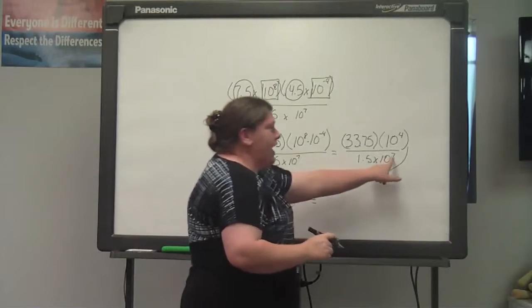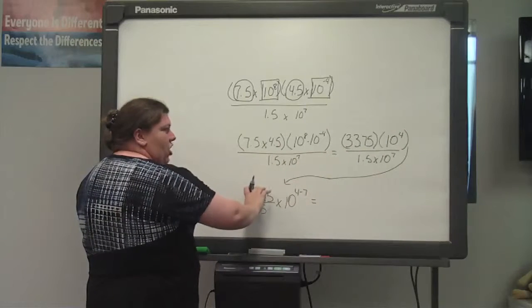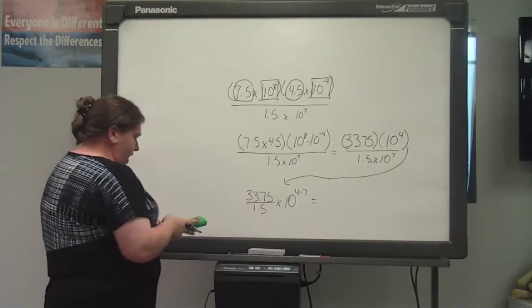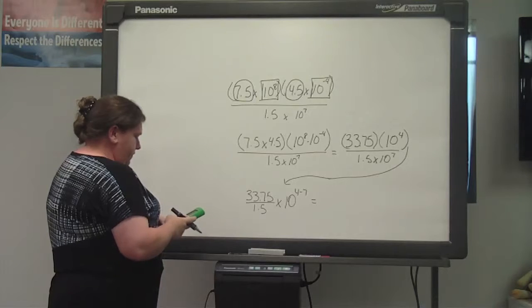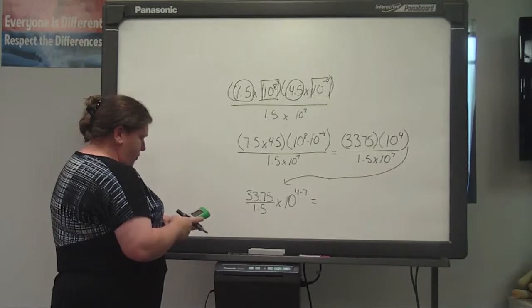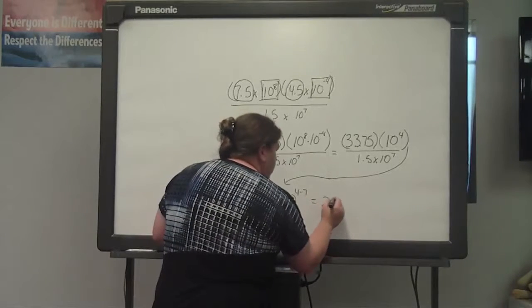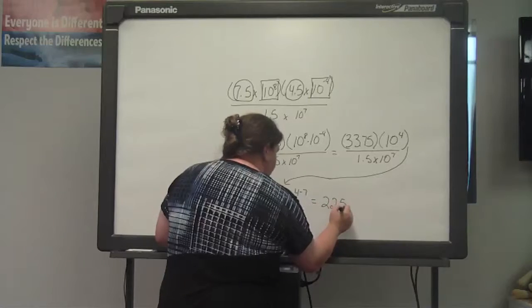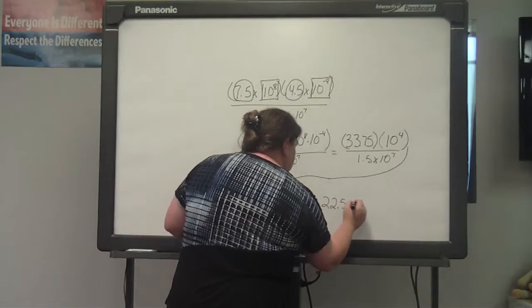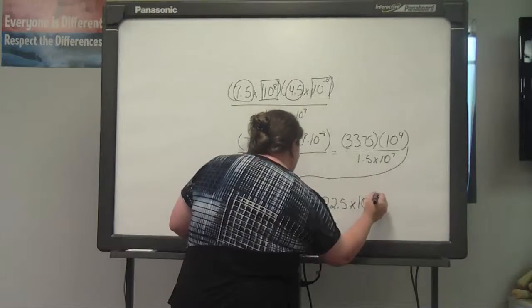Because again, we subtract bottom from the top. All right, at this point, I'm going to solve 33.75 divided by 1.5, and that gives me 22.5 times 10 to the negative 3.